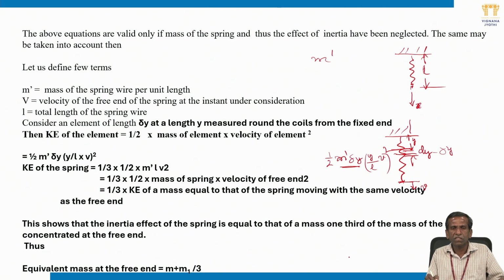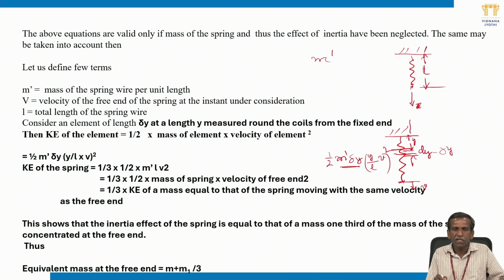So you can see it is 1/3 times the kinetic energy of a mass equal to that of the spring moving with the same velocity as the free end. This shows that the inertia effect of the spring is equal to that of 1/3 of the mass of the spring concentrated at the free end. So 1/3 is the contribution towards kinetic energy due to consideration of the mass of the spring, m dash.